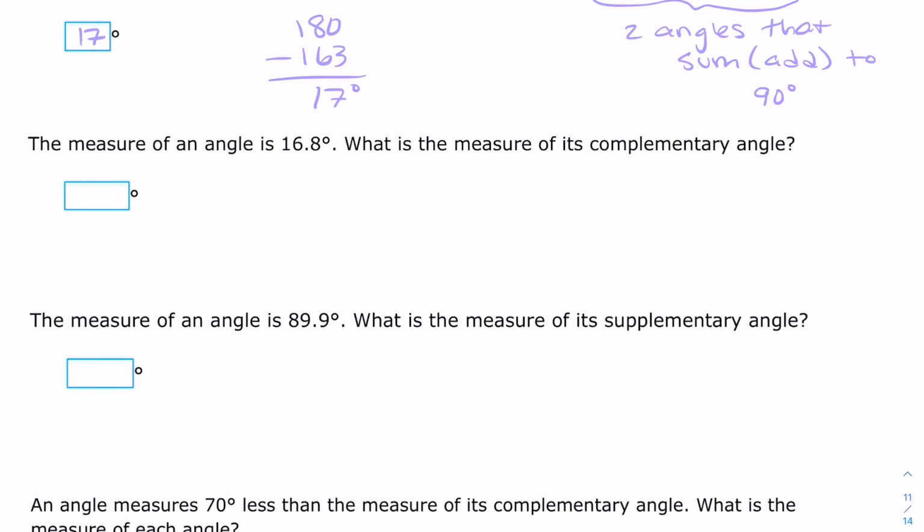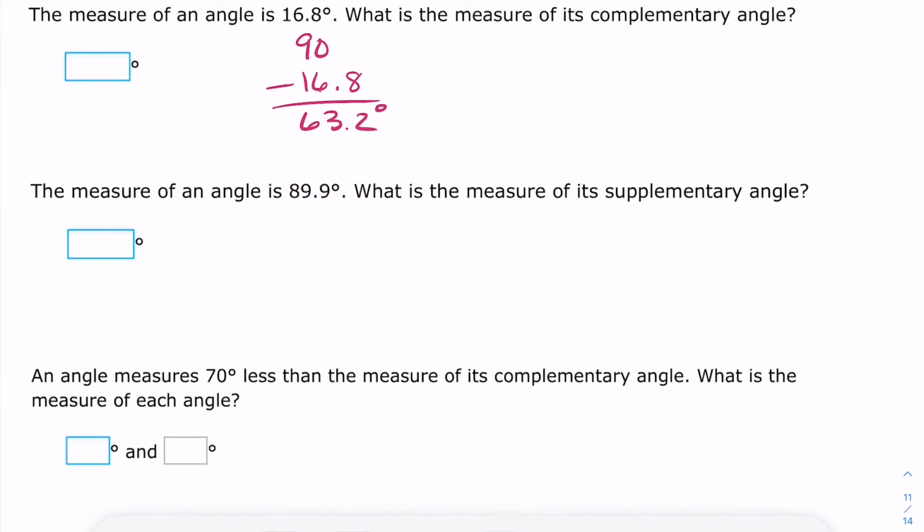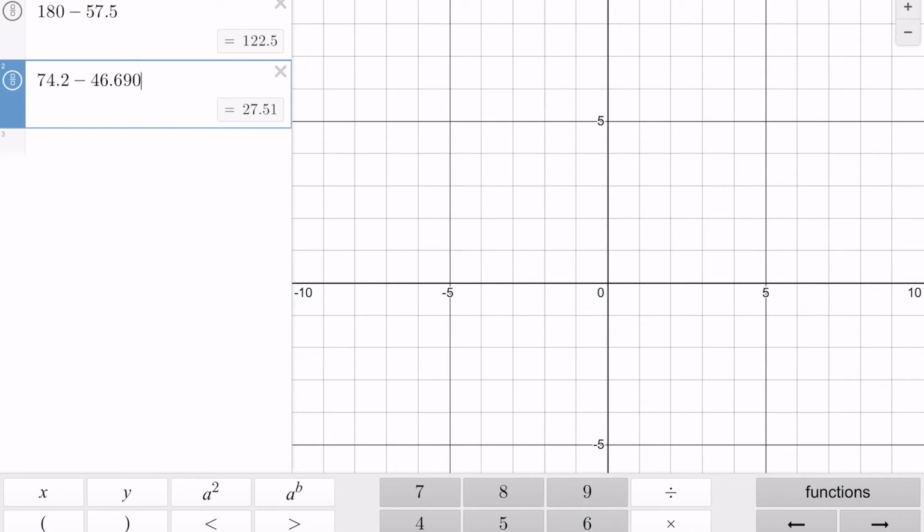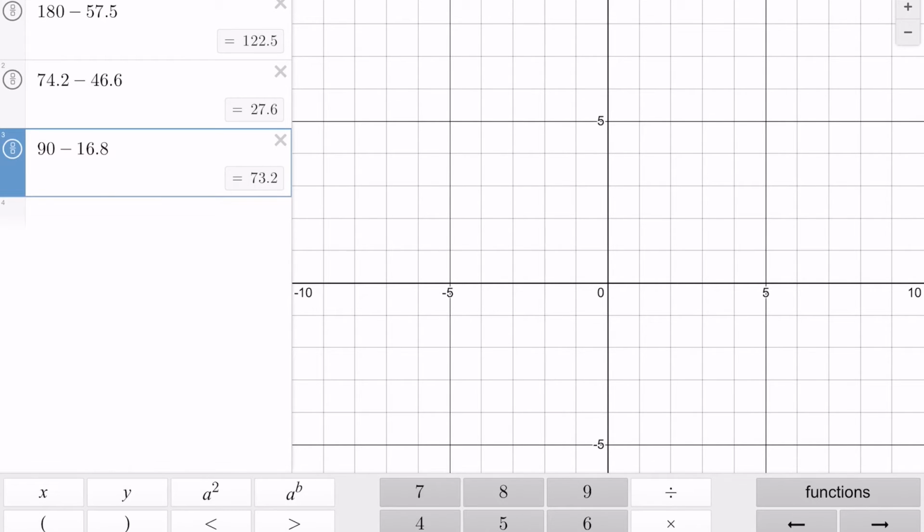Now the next one, again, we're back to complementary. So 90 minus 16.8. And this one is just a decimal, but it should be 63.2. Let me check that. 90 minus 16.8 is 73.2.